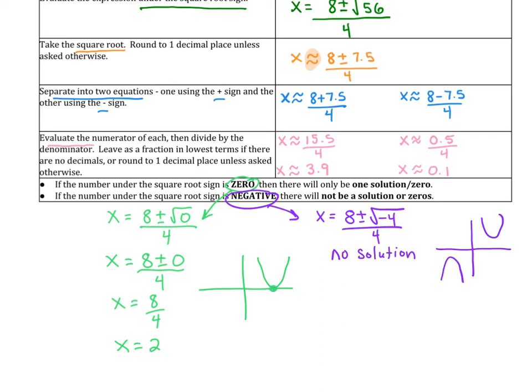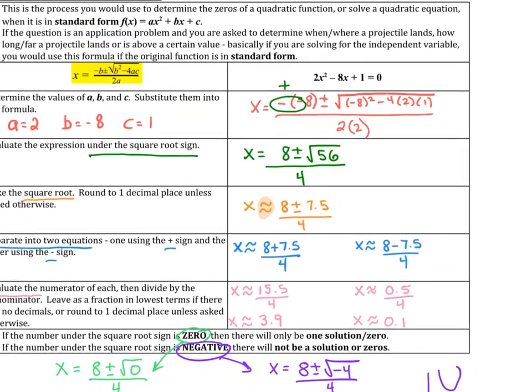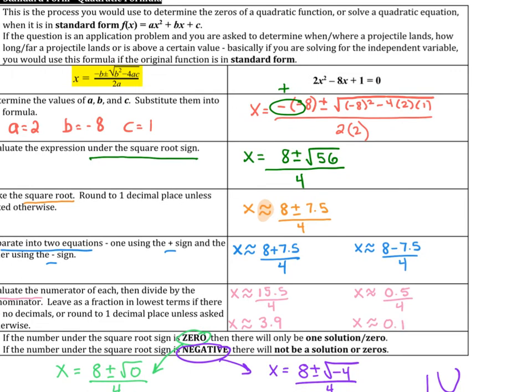In the zero case, it would look something like this, where it's just the vertex sitting on the x-axis. So that's why there's only 1 solution. In the case that we did here, if you were to graph this, it would look something like this, where it intersects the x-axis twice, once at 0.1 right there, and once at 3.9 right there.